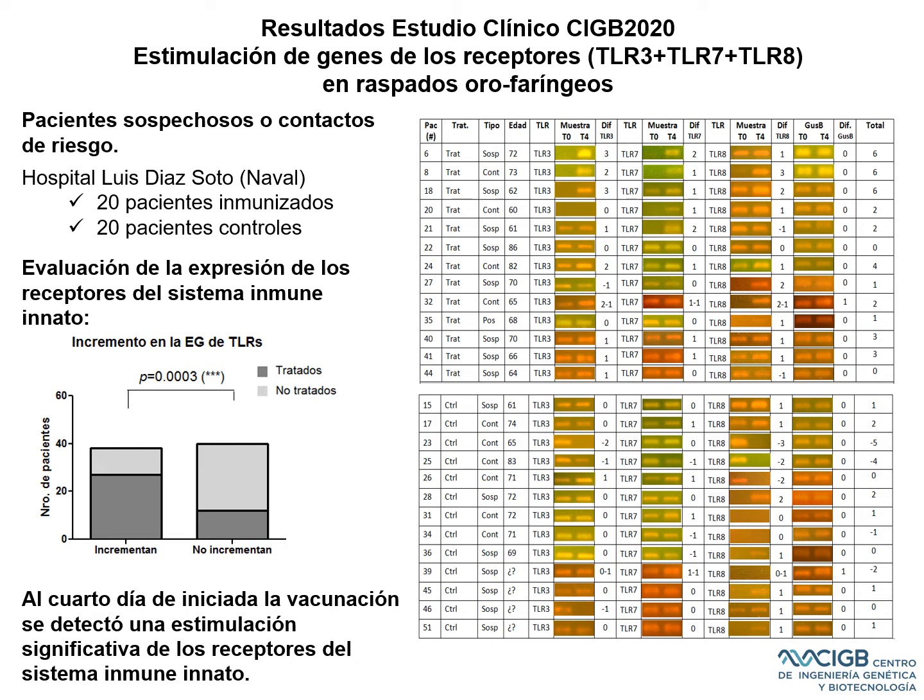Here we are showing the different expression of the toll-like receptors 3, 7, and 8 at time 0 before starting the administration of the product, and 4 days after the administration of the product. At that time, all the volunteers had only one nasal administration on the first day, and 3 daily sublingual administrations.